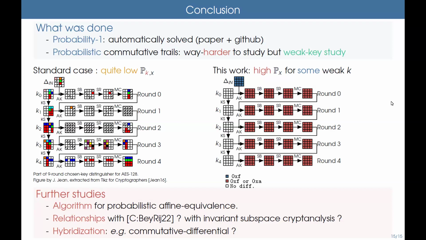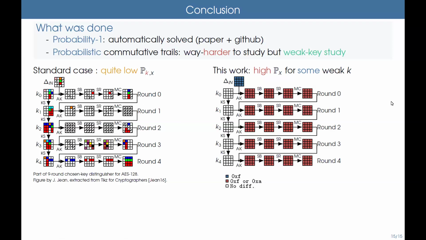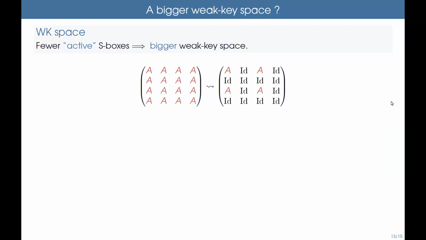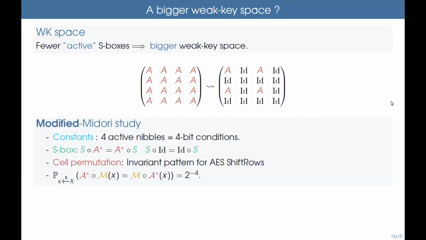There is one obvious, not too hard relation to see: if you are taking, for instance, the fixed point set of the affine mapping, it is actually an invariant space through an S-box or through the round function.